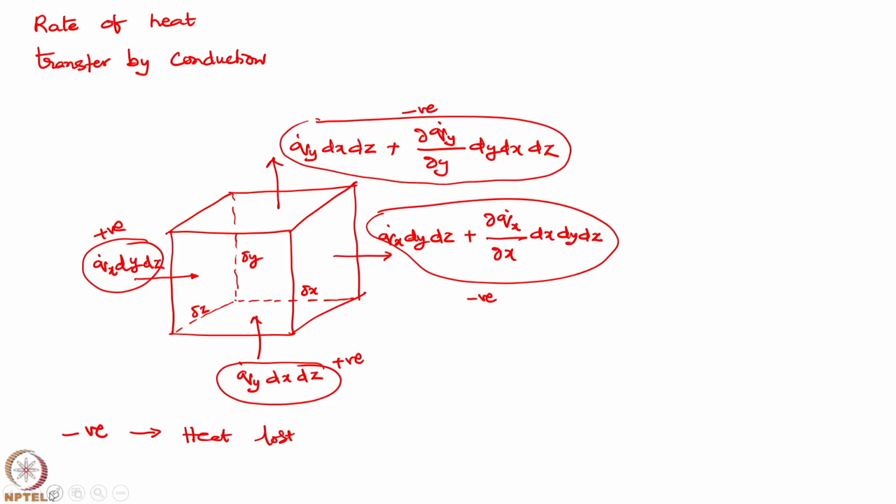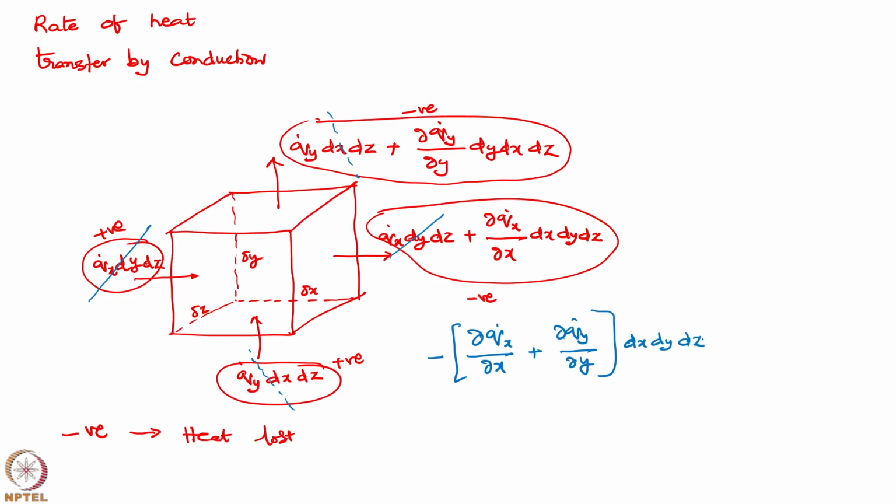In that case, this term and this term get cancelled out, and this term and this term get cancelled out. You will be left with minus dou qx dot by dou x plus dou qy dot by dou y, both negative. Okay. So this is into dx dy dz.